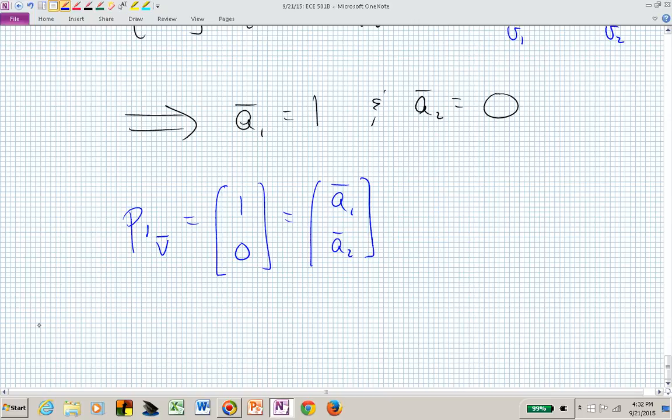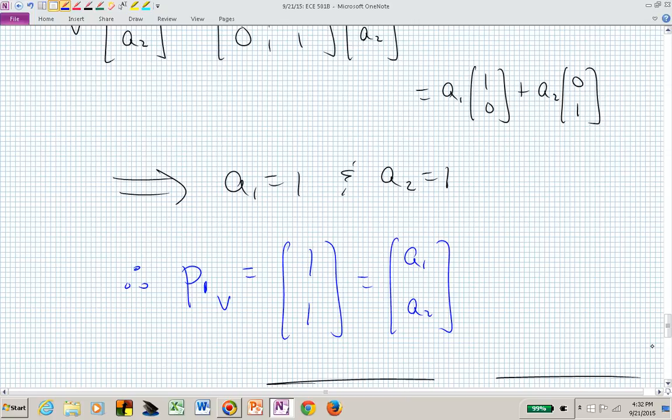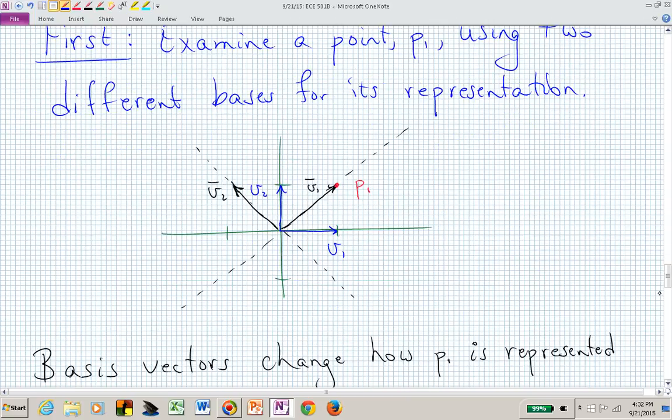The main thing I'm trying to show in this first part of the exercise is that if somebody just hands you a vector, it may not mean anything unless you know what those coordinates correspond to. They could say, here's 1, 0, and that's equal to 1, 1, and you're going, what? Well, those are both representing this red point, P sub 1, in terms of two different sets of basis vectors.